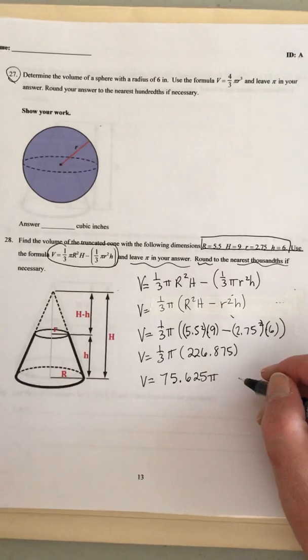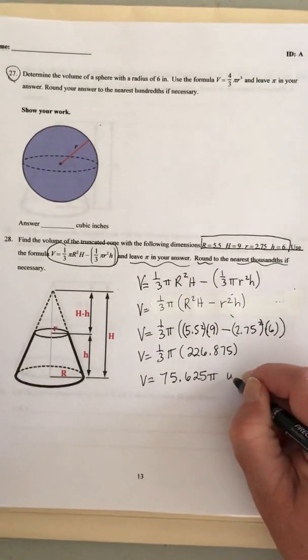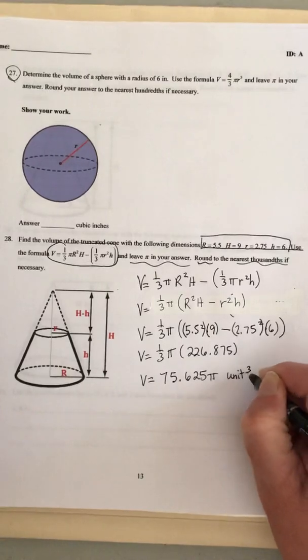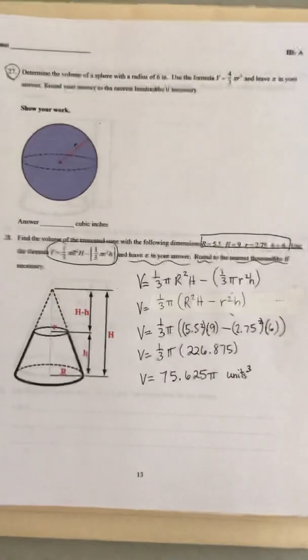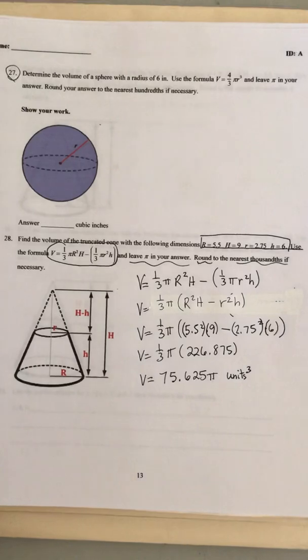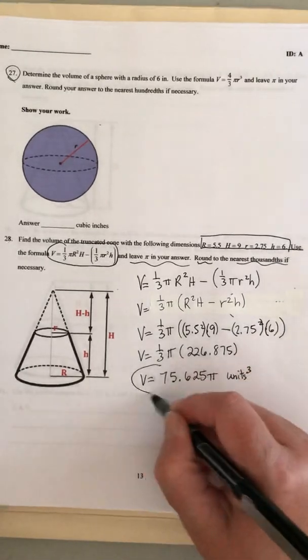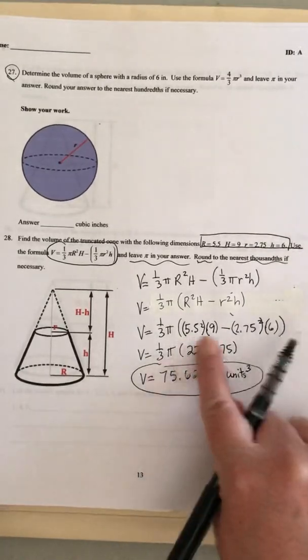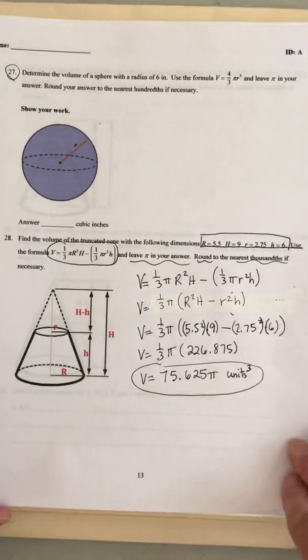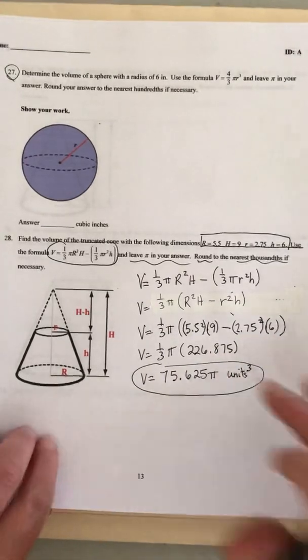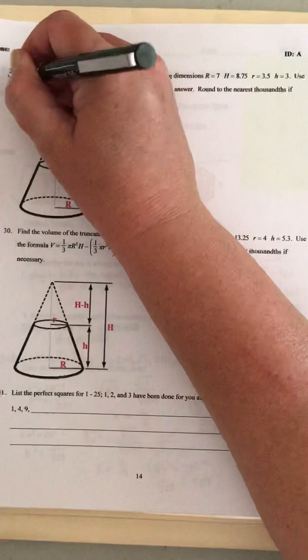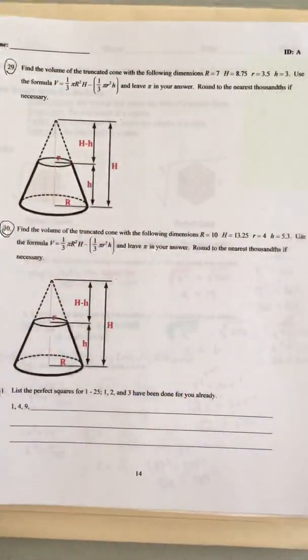And they didn't tell me what the unit was, like inches or feet or miles or whatever, so we're just going to go cubic units. Remember, pi had to be in our answer. Okay, so that is the final answer. Watch the calculator when you input this, okay? And using what you did on 28, you're going to answer questions 29 and 30.